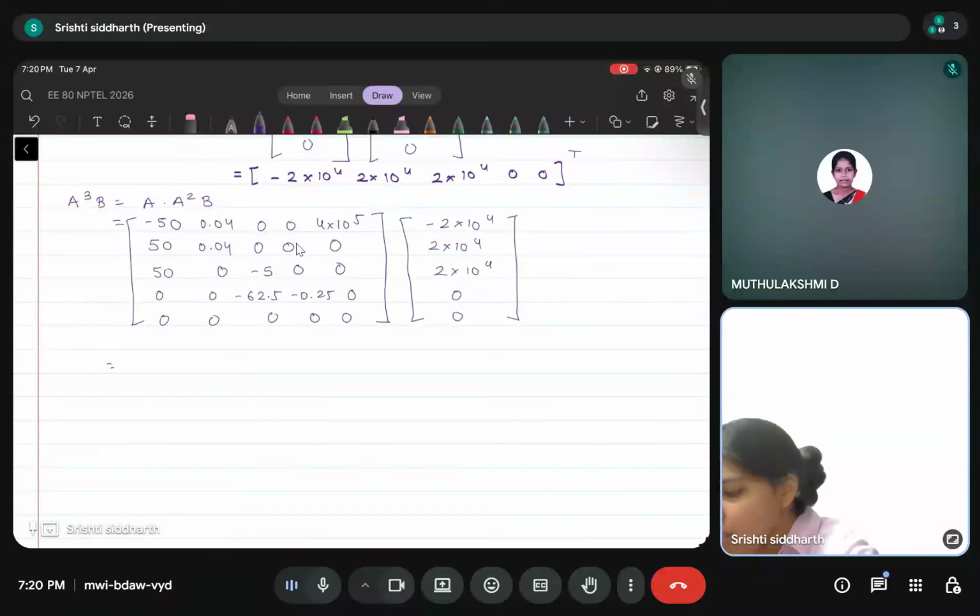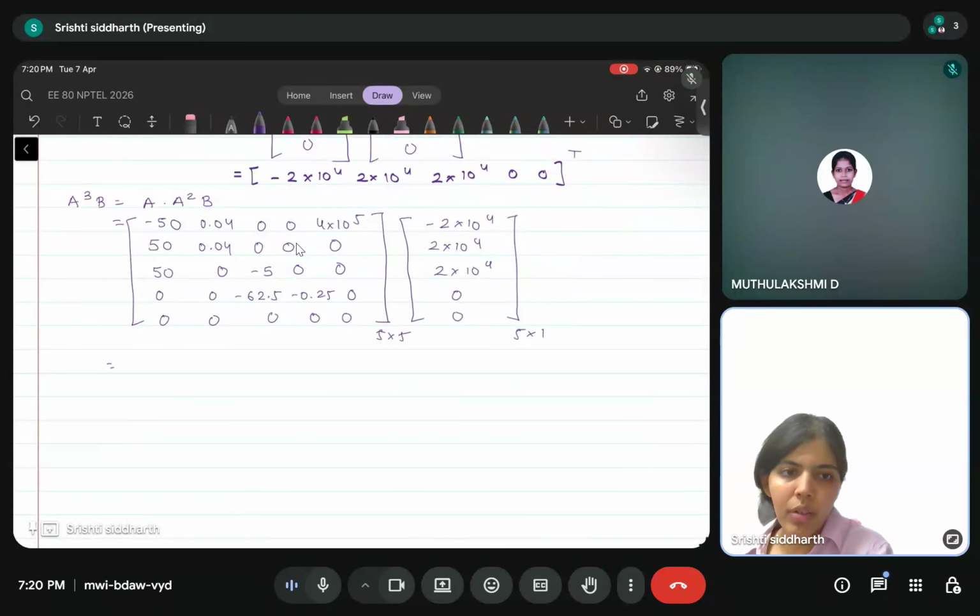Okay, so this is 5 by 5 and this is 5 by 1. So it's going to be a column vector with 5 elements and the last element is going to be 0 because the last row of A is 0.